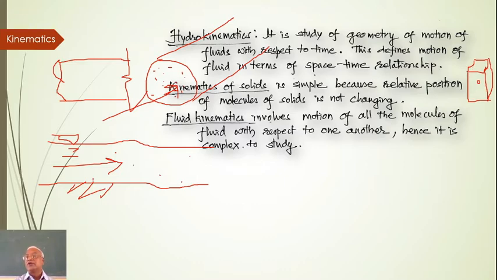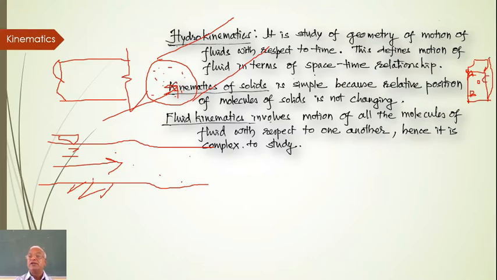So whether you talk about motion of this corner or this corner, it is the same as far as rectilinear motion is concerned. Because between point A and point B, the motion is not existing, right? A is moving, B is also moving, but A to B there is no motion, or A to C, or B to C.